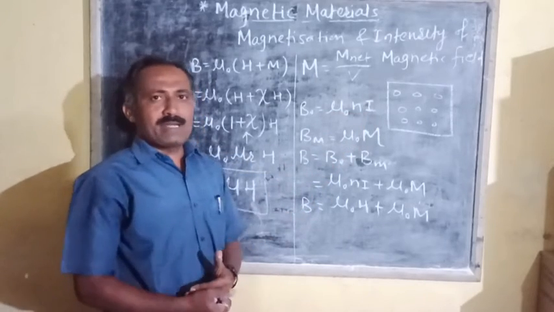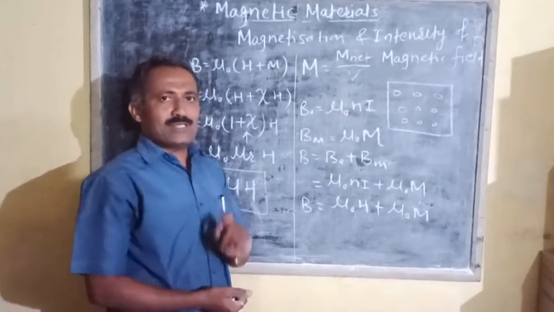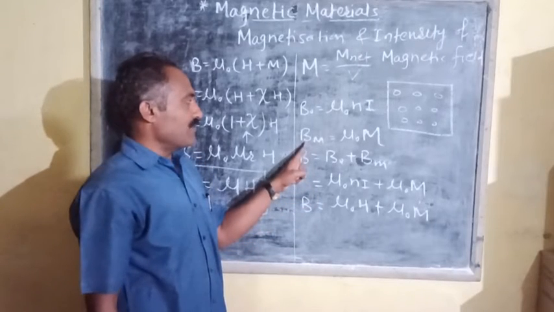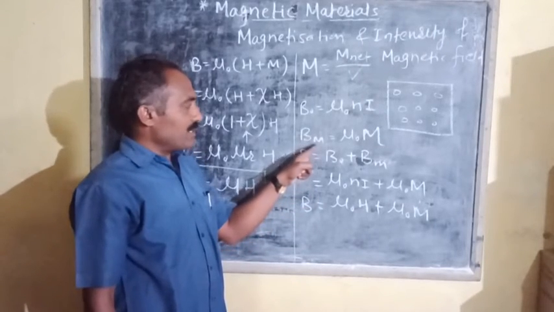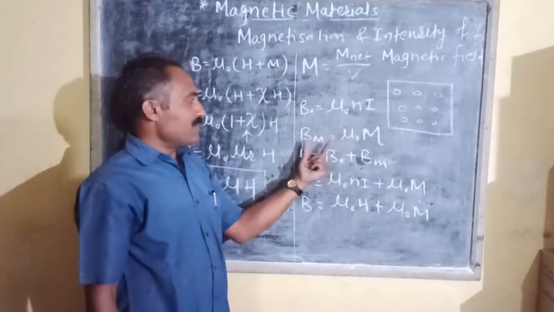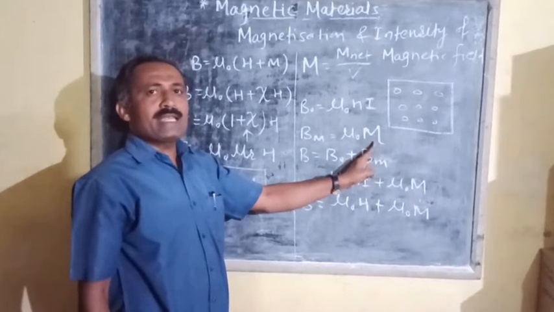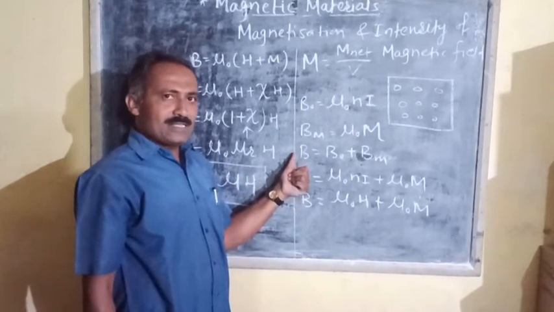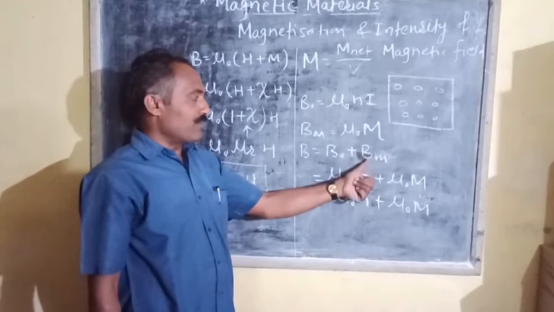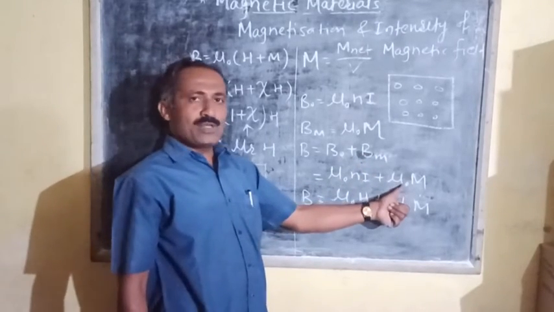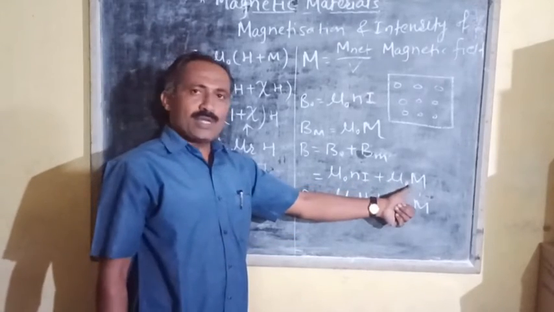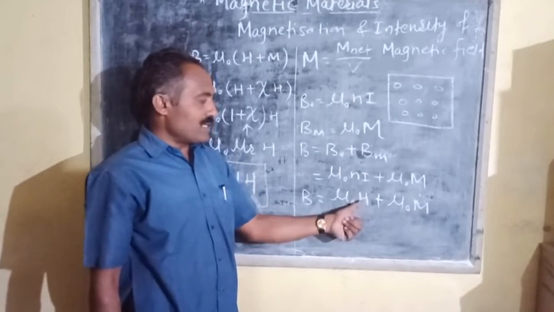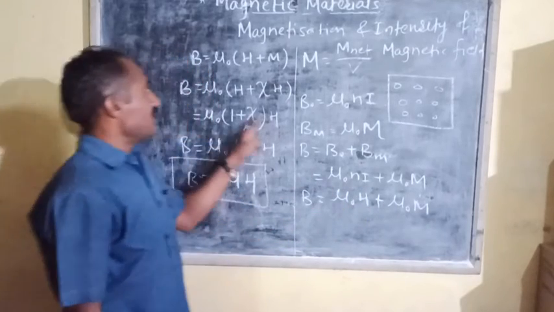As the rod of magnetic material is kept inside the solenoid, it also produces a magnetic field inside the solenoid, given by Bm, the magnetic field contributed by the magnetic material, which is equal to mu 0 M. This magnetic field is directly proportional to the magnetization M. Therefore the total magnetic field inside the solenoid is given by B is equal to B0 plus Bm, which is equal to mu 0 N i plus mu 0 M, where N into I is called the intensity of magnetization and denoted by H. Therefore it is equal to mu 0 into H plus M.